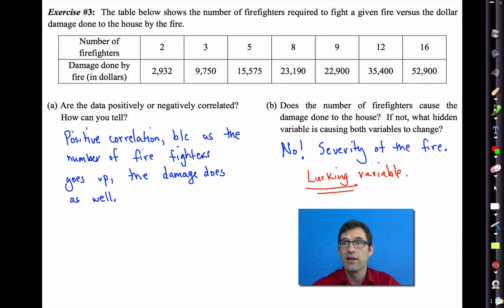Lurking. You know how you have a younger brother that lurks? That's literally it. The size of the fire is in the background. We don't necessarily see it, but the bigger the fire, the greater the number of firefighters and the greater the damage done, right? Those two things, number of firefighters and damage, are very closely related, and yet neither one of them causes the other. It's the size or the severity of the fire that does.